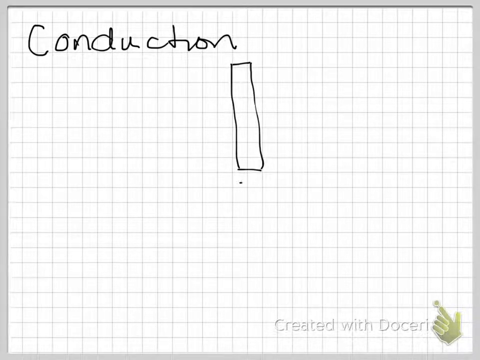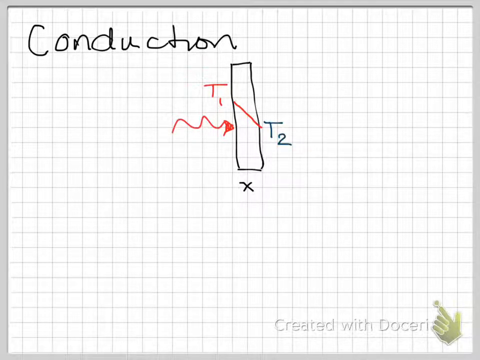And so if we have some distance x, and we've got something hot here, transferring heat through, it'll set up a temperature gradient from T1 down to T2.